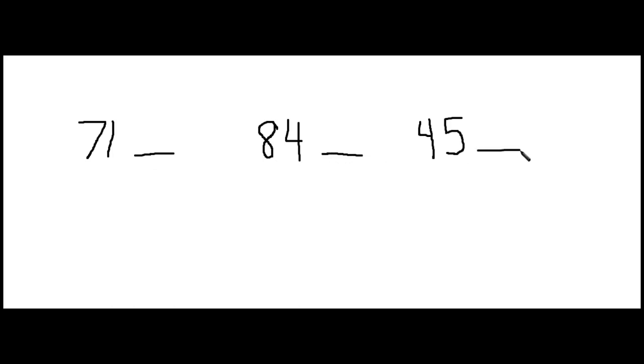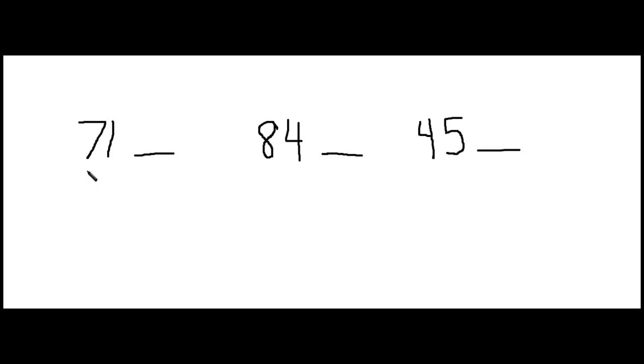The next thing we're going to do is I am going to write down 3 numbers. Please copy these on your paper or on your board. The very first thing we're going to do is read that number, and then after that I want you to write the number that comes after it.